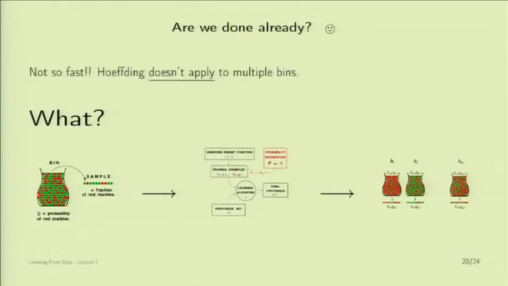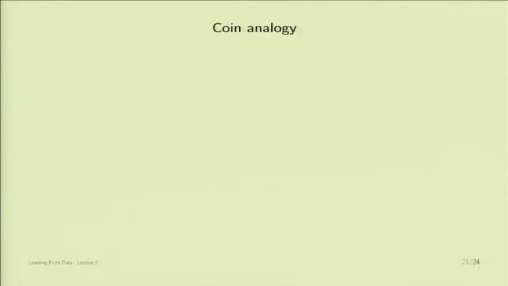Okay. Let me start by saying why it doesn't apply, and then we can go for what we can do about it. Okay. Now, everybody has a coin. I hope the online audience have a coin ready. I'd like to ask you to take the coin out and flip it, let's say, 5 times and record what happens.